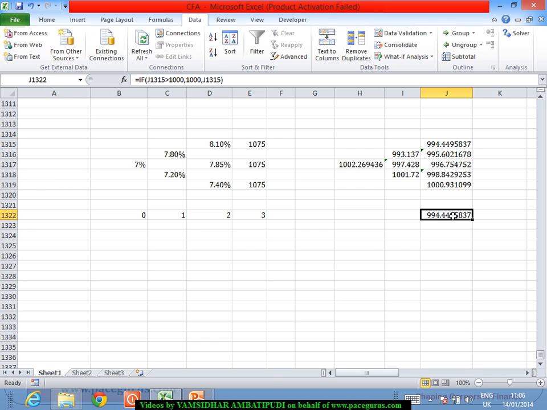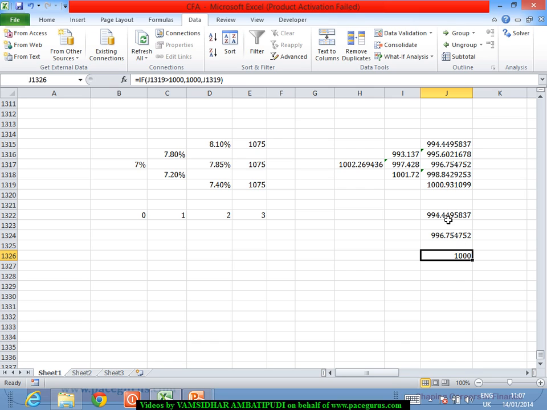I will repeat this for all the 3 nodes. So at the third node, instead of 1000.93, I am getting 1000 itself, because if the interest rate comes to 7.4, the price is going to be 1000.93, which is greater than the strike price. Because I have a call option on the bond, I can purchase the bond at 1000 itself.